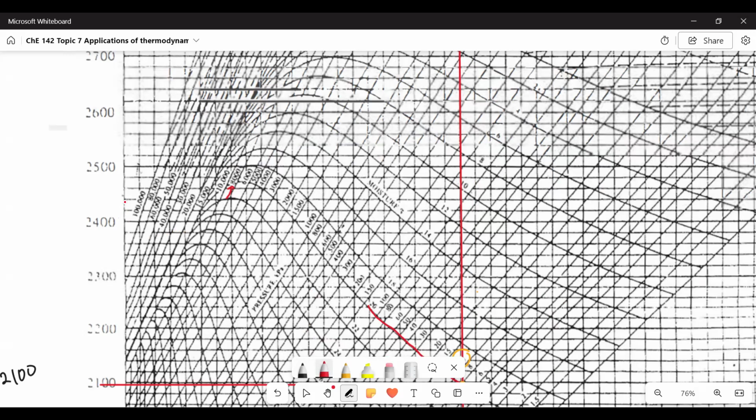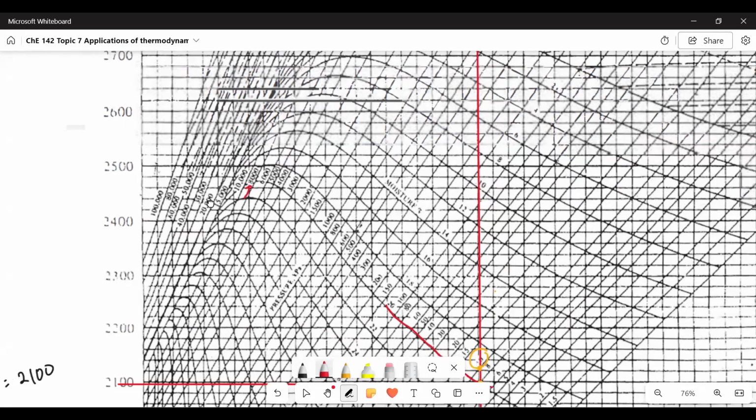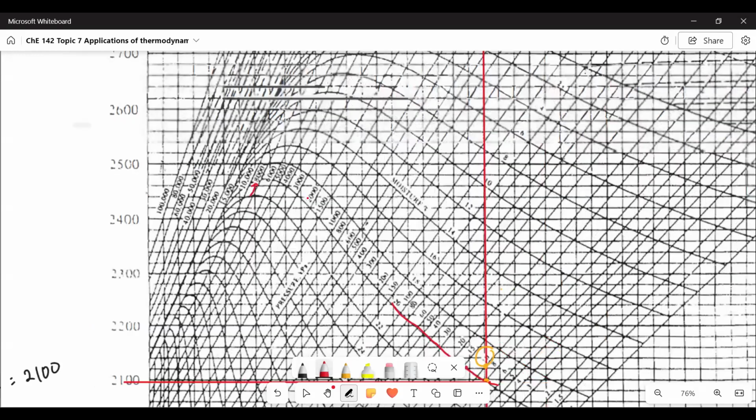So this is 2 4, in the middle, that would give you 1, 2, 3, 4, 5, 250. So this is 2442. Okay, so this is the actual.